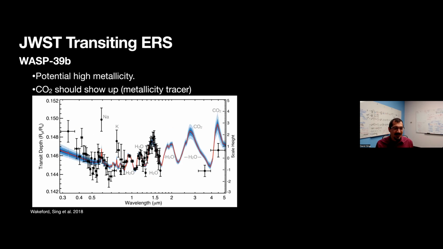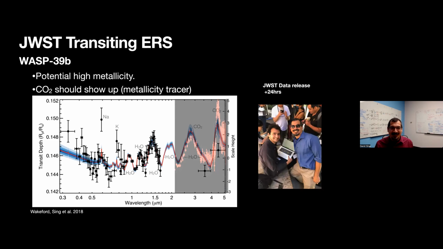Here is the work we did with Hubble, showing the STIS and the Wide Field Camera spectra. You can see nice water features. Here's the prediction from Spitzer: we should see CO2. Here I'll show just the raw data that we got 24 hours after the release, and boom, there it was, the CO2 feature just as predicted from the previous data.